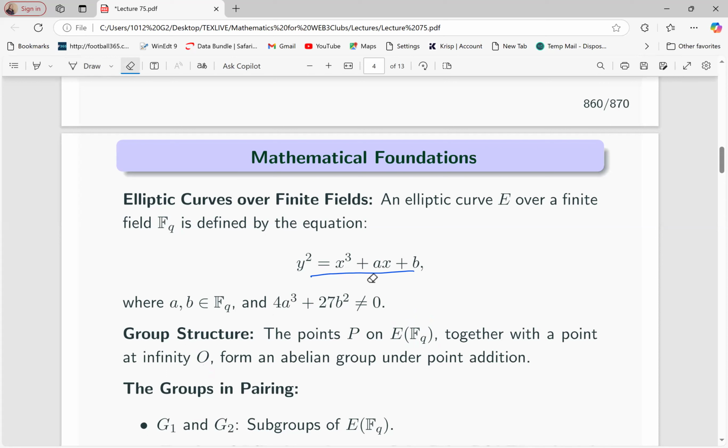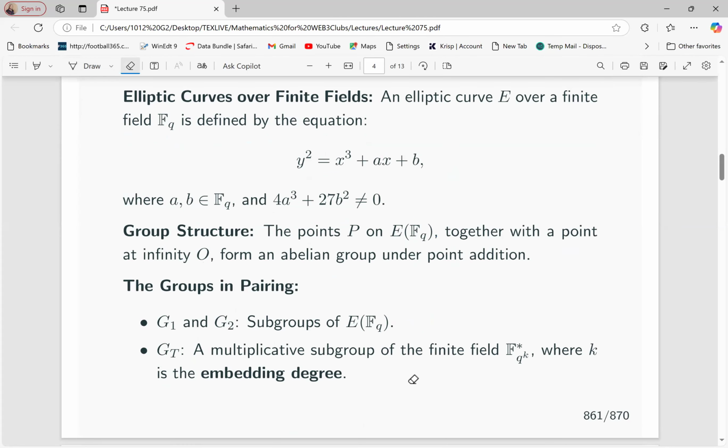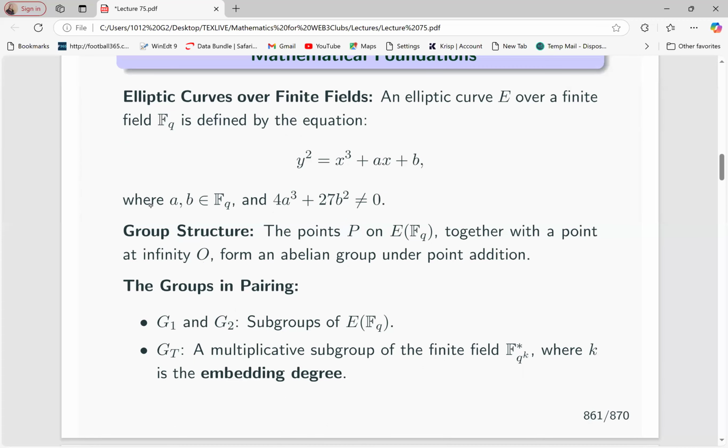Now, the groups on the left side, G1 and G2, will come from this same elliptic curve. They should be subgroups of this elliptic curve.